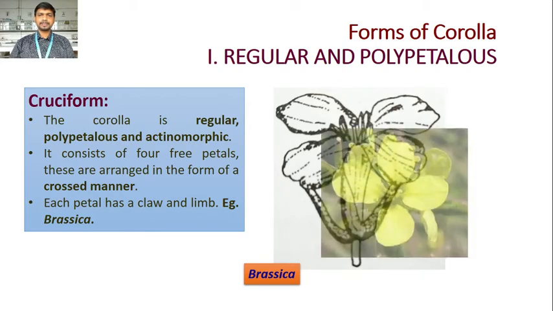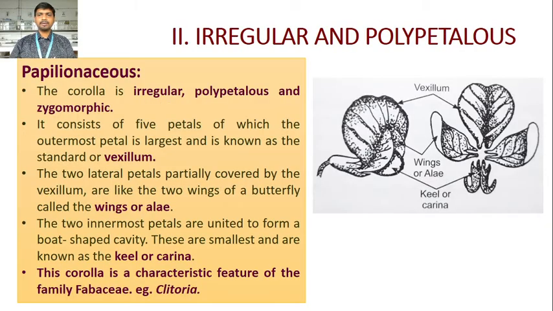The next type is the irregular and polypetalous corolla. This is found in Clitoria. The flower is zygomorphic. It consists of 5 petals, of which one is large, called the vexillum or standard, while the 2 lateral petals partially covered by the vexillum are like the 2 wings of a butterfly, called the wings or ali, and the 2 innermost petals are united to form a boat shaped cavity.